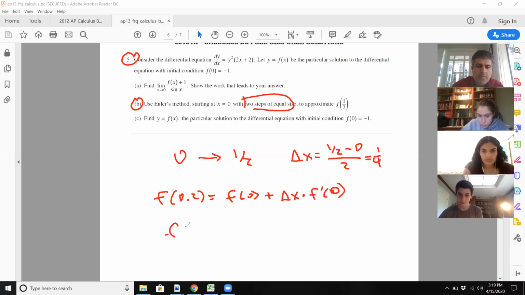Then you'll do f of 0.5. Yikes. Wow, I can't believe I did that. Hold on. Wait one sec. Yeah, I'm going to say f of 0.25. My bad.